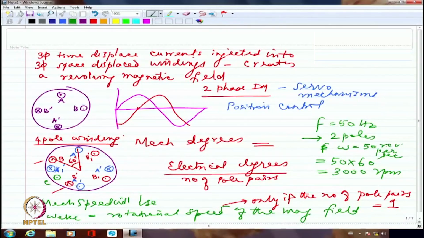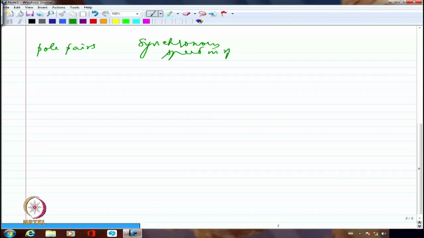So let me write pole pairs and synchronous speed for the frequency. If frequency remains constant at 50 hertz, if I have 1 pole pair, I am going to get 3000 RPM.